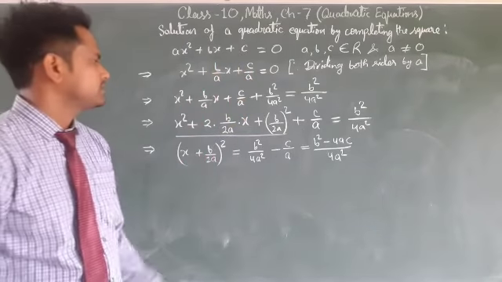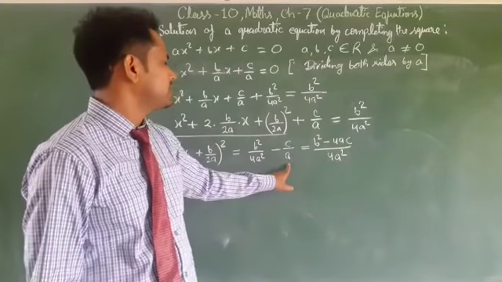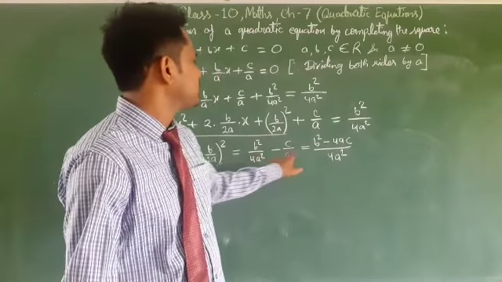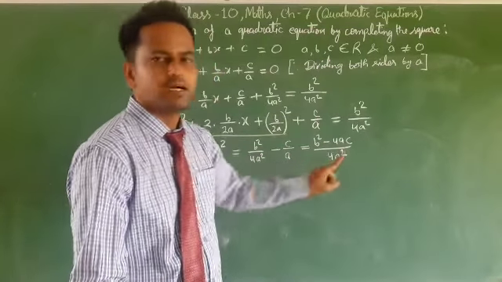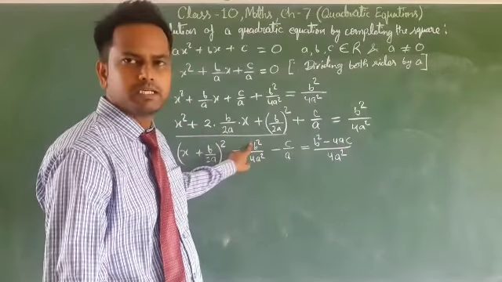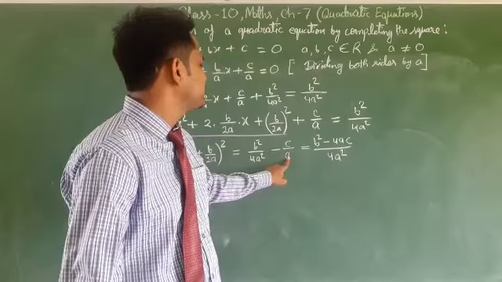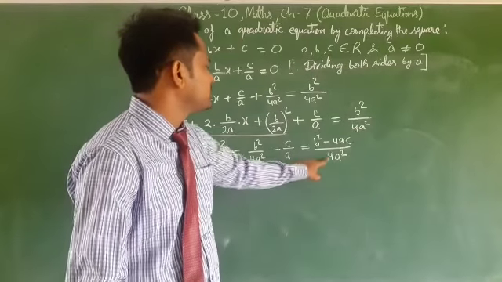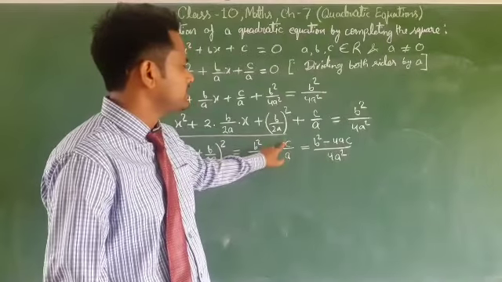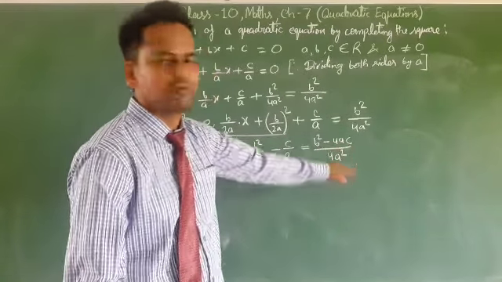Got it? Here the LCM of 4a square and a is 4a square. Then 4a square divided by 4a square, you will get quotient 1 and the quotient will be multiplied with b square, then b square, and here if you divide 4a square by a, then you get 4a, and 4a multiplied with c, then you get minus 4ac.